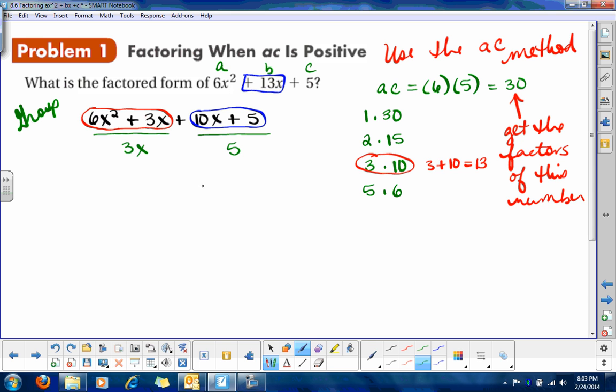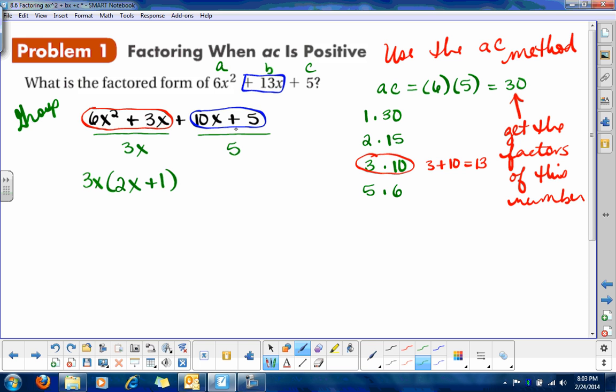Now remember, when you are factoring out the greatest common factor, that GCF goes on the outside of the parentheses. So we have 3x times whatever's left. 6 divided by 3 is 2, and x squared divided by x is x. And of course, 3x divided by 3x is 1.